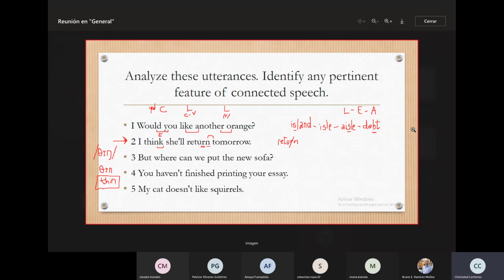What's the other phonological process that might be present, for example, in the word printing your? Assimilation.